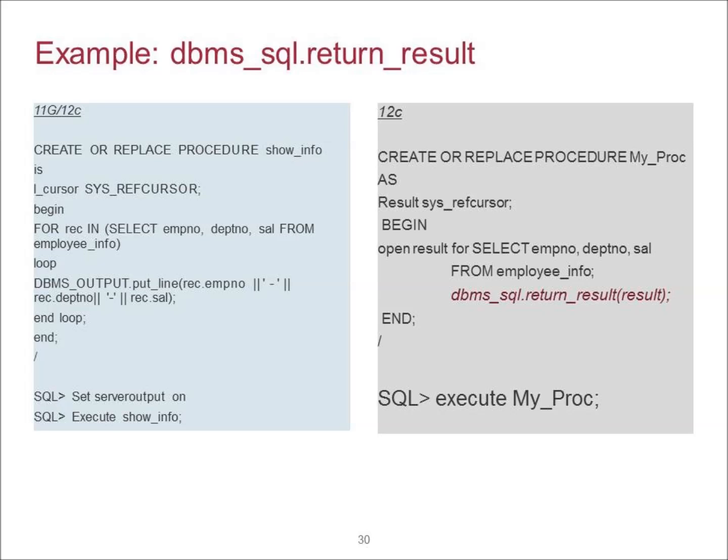Without using the DBMS_SQL.RETURN_RESULT function, you have to create a for loop, and then use DBMS_OUTPUT, and then on the SQL+ prompt you have to set serveroutput on, and then when you execute, you will see the desired results. Versus on the right side, all you have to do is simply do the select from the table, and then pull the results using the return result function. Pretty straightforward.